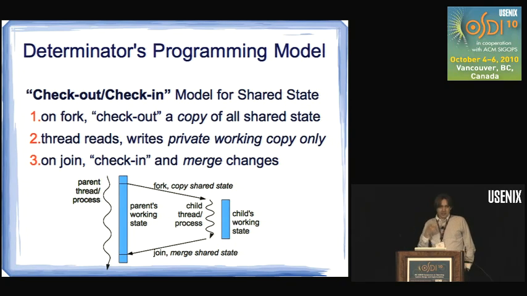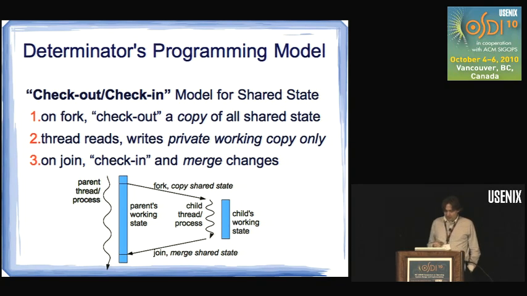In conventional Linux pthreads, if a parent thread forks a child thread, the two threads start accessing the same variables. They're accessing the same memory and interacting at arbitrary points.